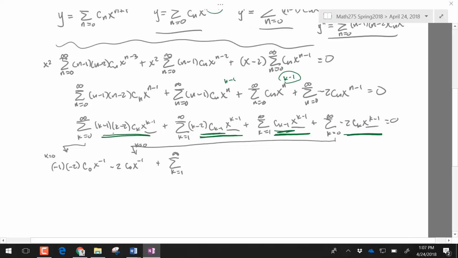All right, so the c sub k terms is going to be k minus 1, k minus 2, and then there's a minus 2 for the c sub k. And then the c sub k minus 1 terms, there's a k minus 2, and then a 1.